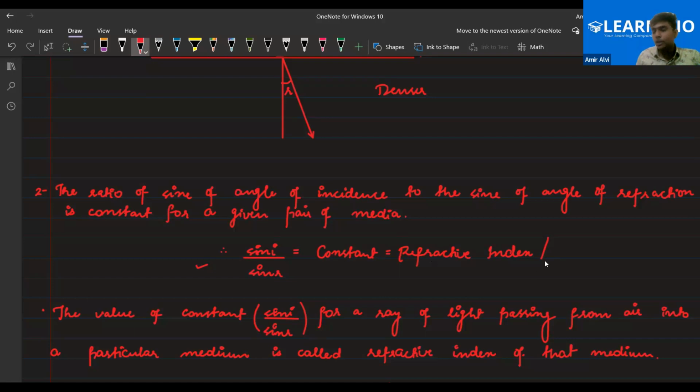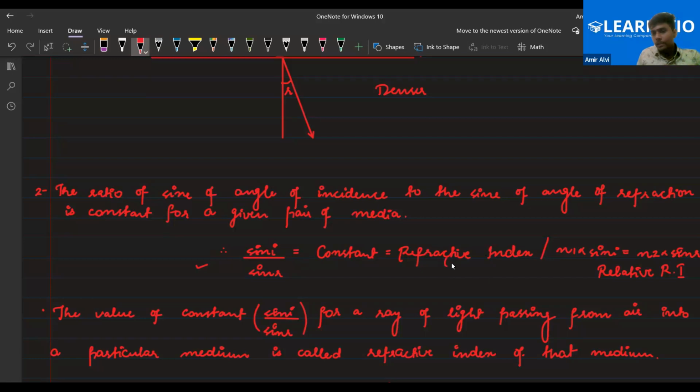And this one is basically N1 into sine i equals N2 into sine r. This one is for relative, because it's easy to solve the relative refractive index in this manner if the angle of incidence and angle of refraction are given. And this one is for the absolute, because here the refractive index is just sine i by sine r equals N, right?